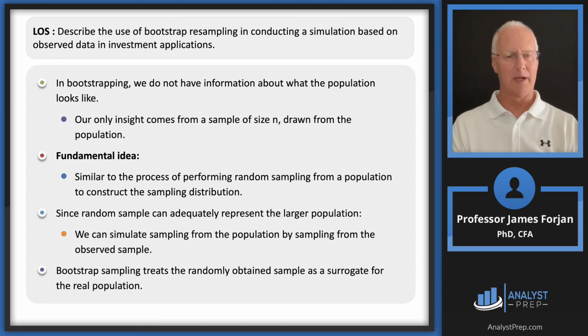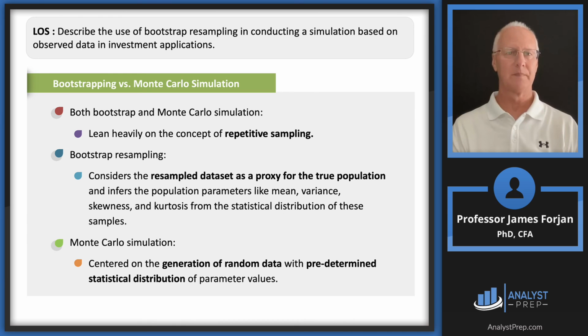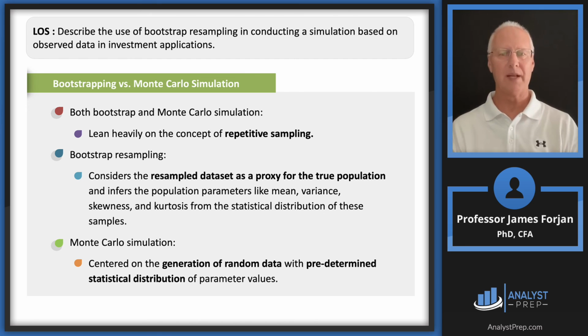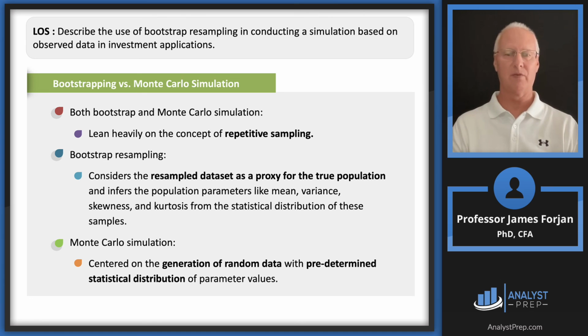Look at the bottom point there. Sampling treats the randomly obtained sample as a surrogate, as a proxy for the real population. They both lean heavily on repetitive sampling. That makes sense. It considers the resampled data set as a proxy. We just said that in the previous one.